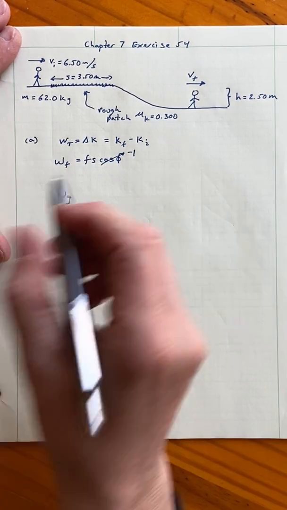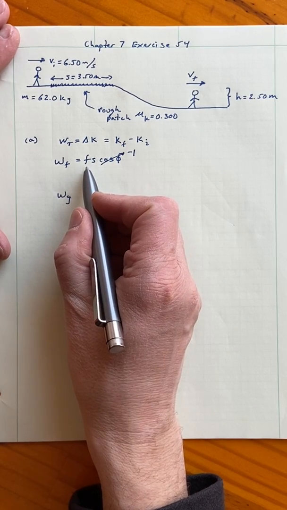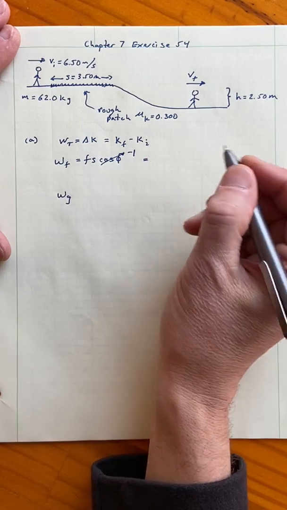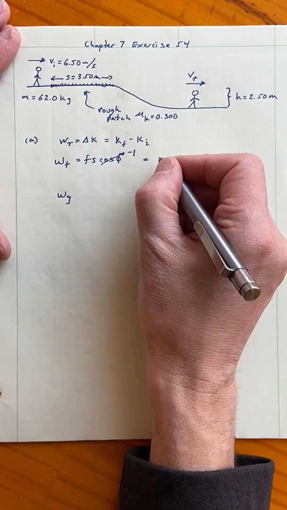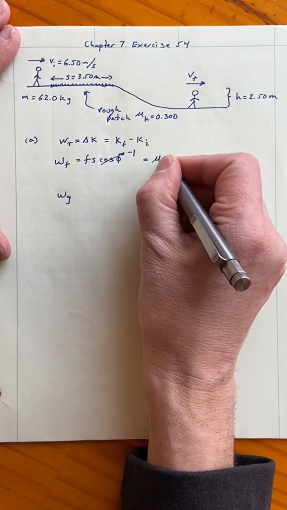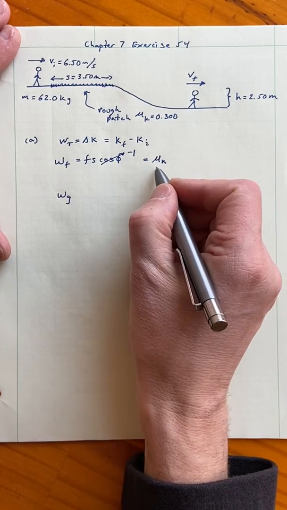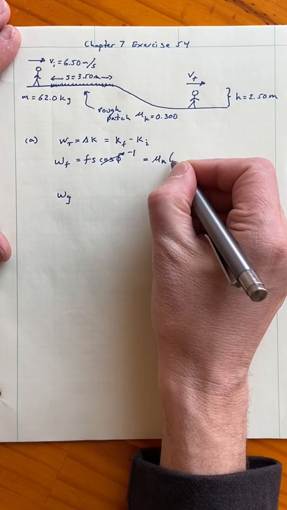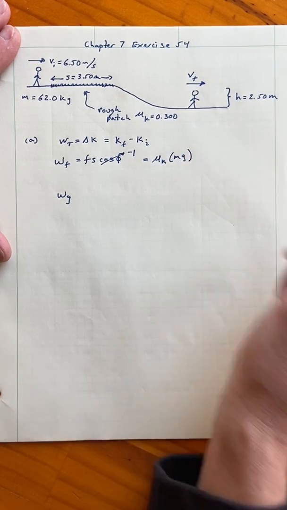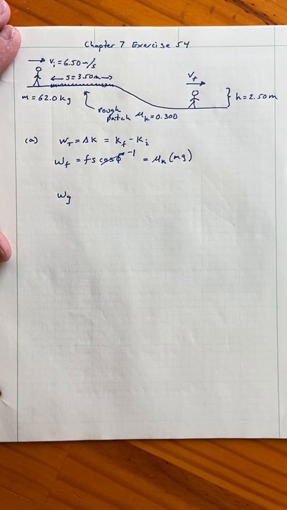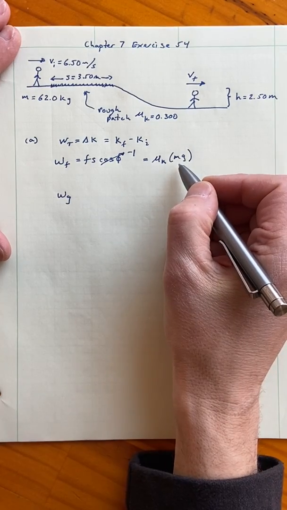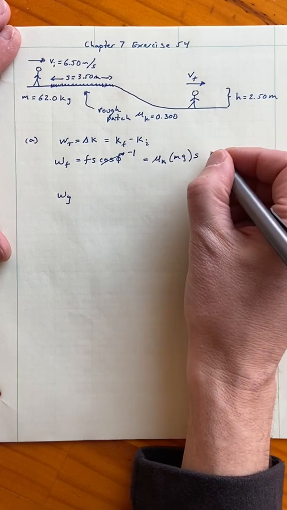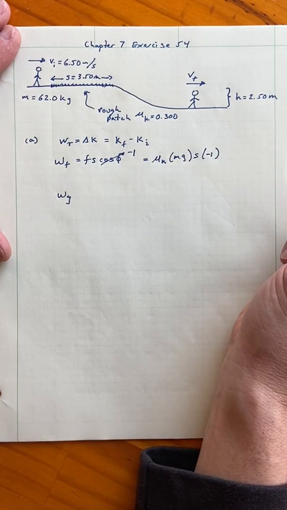Then we're left with trying to figure out the magnitude of the friction force. Well, on a level surface, you probably remember enough from the last chapter to realize that the kinetic friction force is equal to the coefficient of kinetic friction times the normal, but on a level surface, the normal is equal to the skier's weight, so mg. And then we're left with the s, and we're left with the -1.